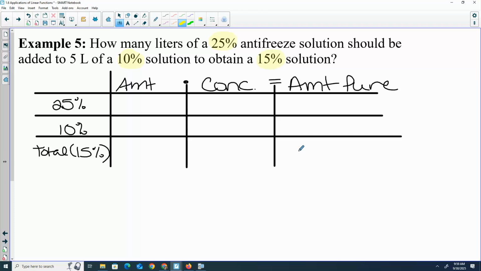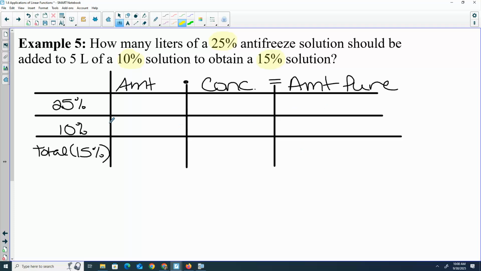So even if you didn't read it, if I told you you had a problem and your percents were 90, 12, and 20, can you tell me which one is the total? 20, because it's between 90 and 12. If I said I had 5, 8, and 10, which one has to be my total concentration? 8. So your final concentration is always a number in between the other two.